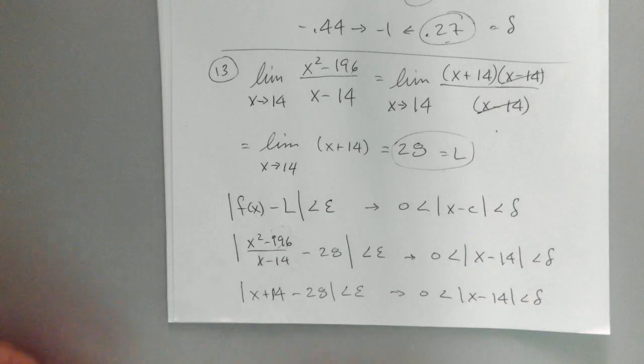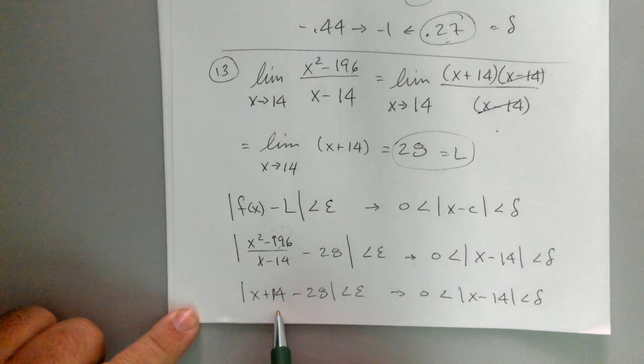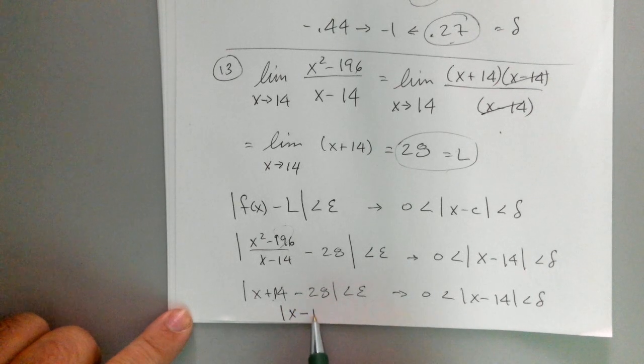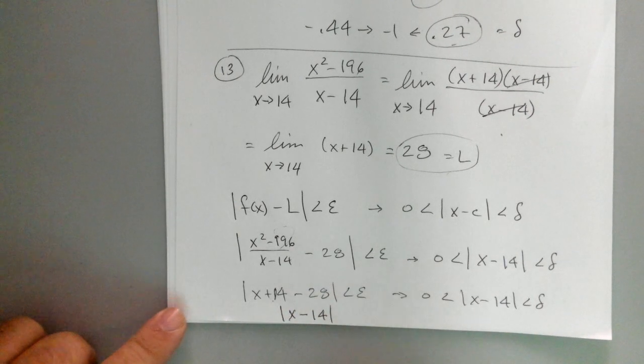We're left with x plus 14, then 14 minus 28, which is negative 14.